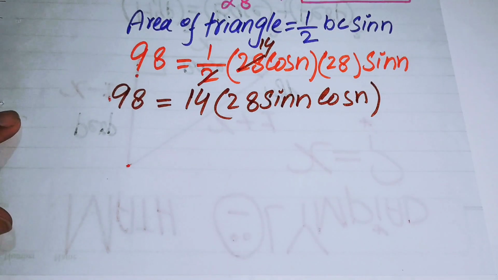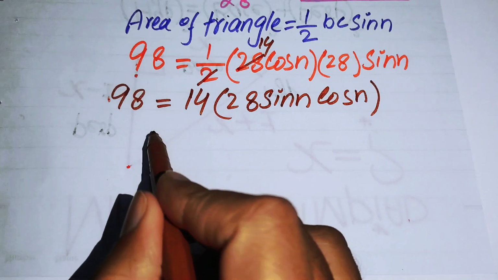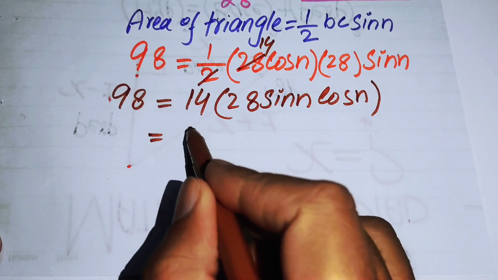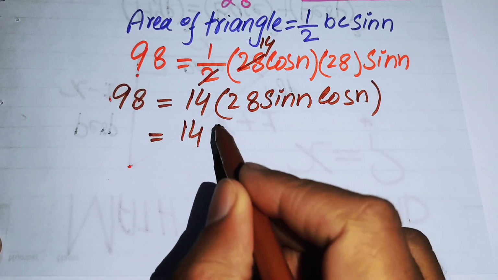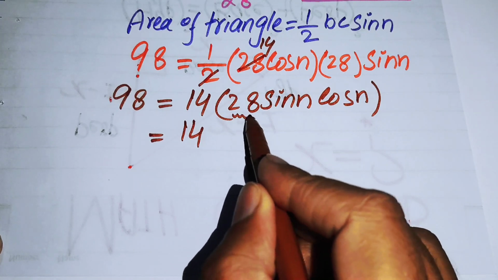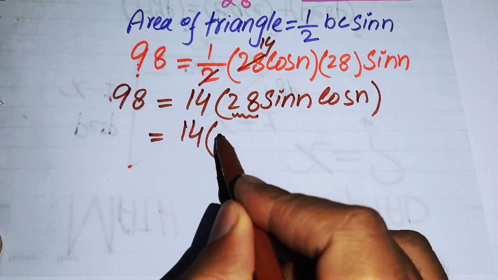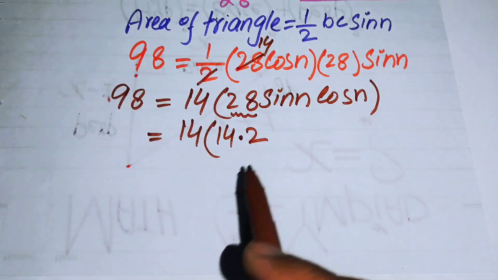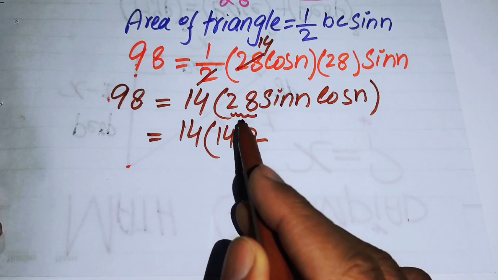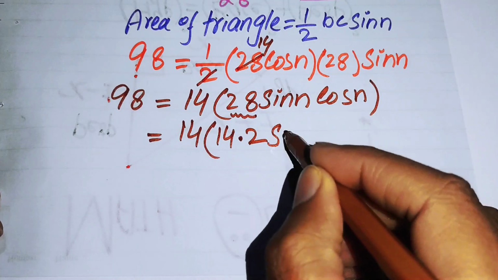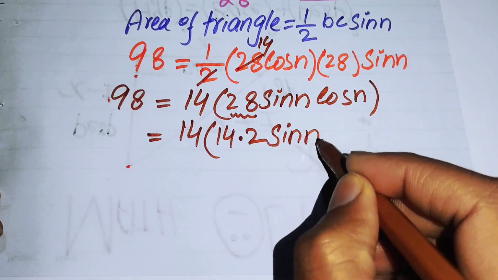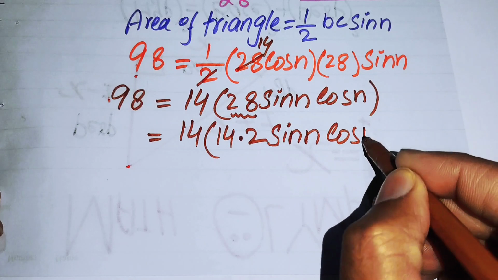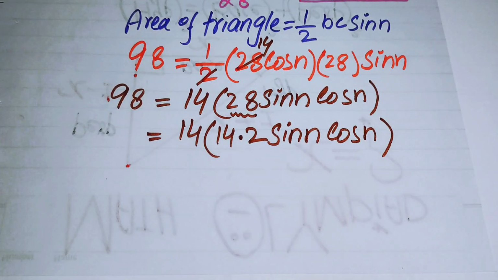Now we again make a little simplification and rewrite this equation as 14 times 28, and we write this 28 as 14 times 2, since 14 times 2 equals 28, and we get sine n times cos n.